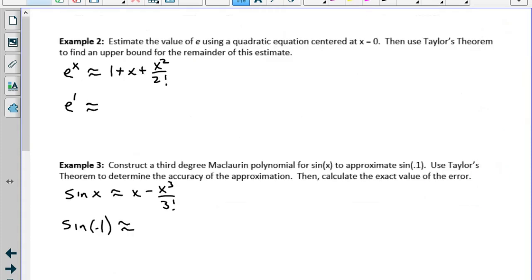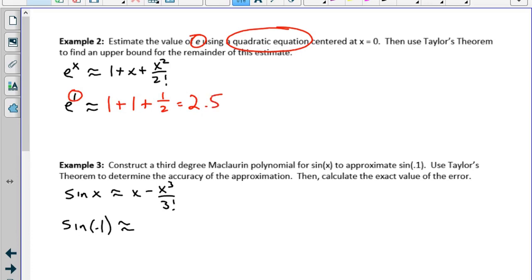All right, we'll do a bunch of examples now. e to the x is 1 plus x plus x squared over 2 factorial, because it tells us that it wants a quadratic in the problem. So if I want to find the value of e, notice that e to the x, remember, converges from negative infinity to infinity, so I don't have a problem with this. I'm just going to substitute in 1 because I want e to the 1.